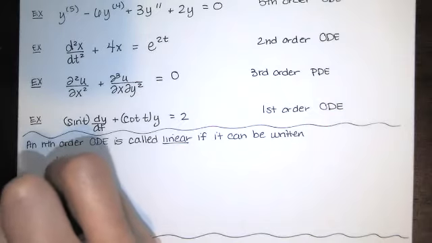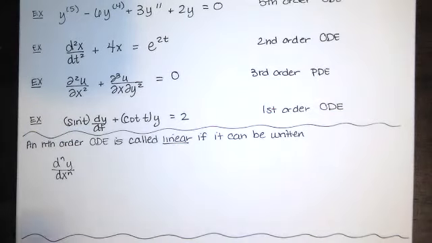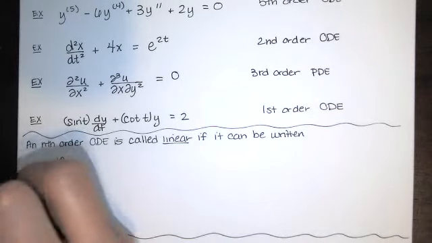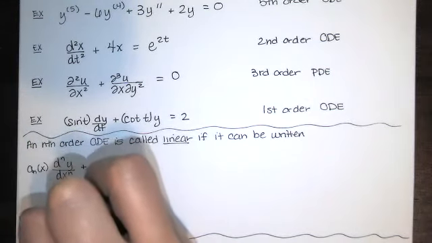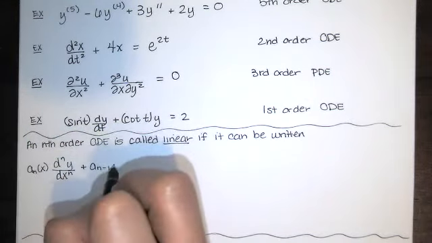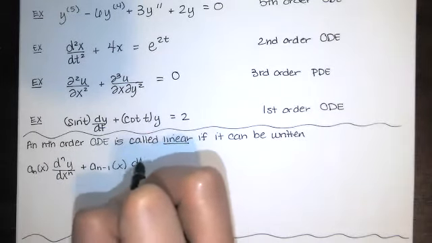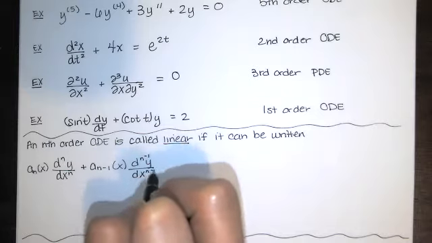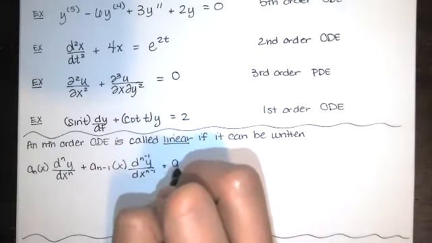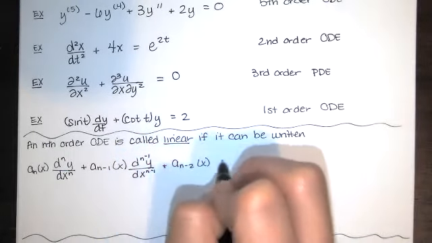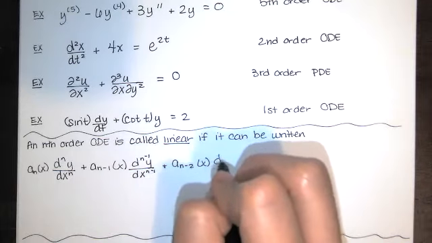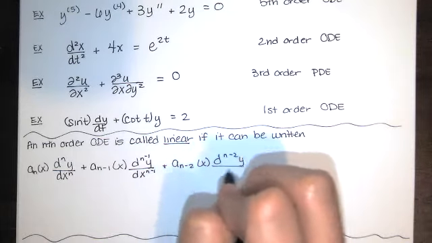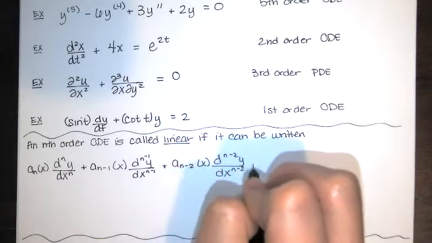You take the nth derivative of y with respect to your independent variable, which I'm going to call x, and you multiply it by some coefficient function. And then you add another coefficient function times the next lowest derivative of y with respect to x, and so on.